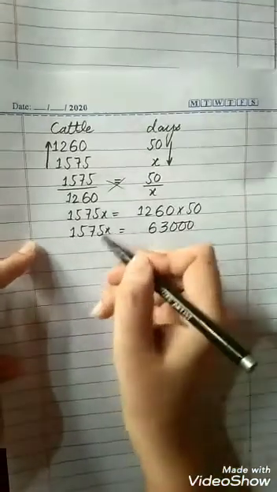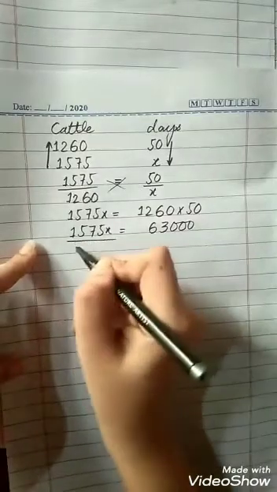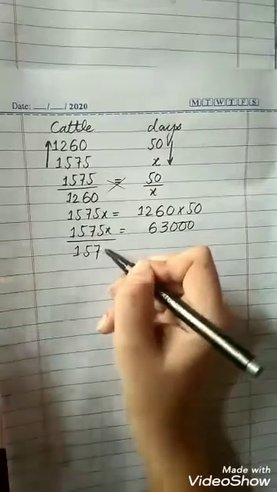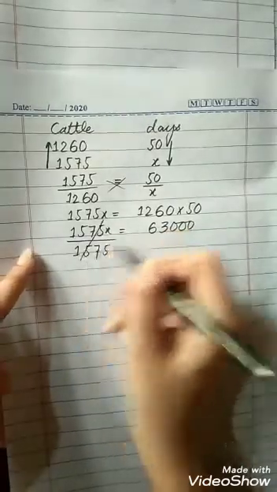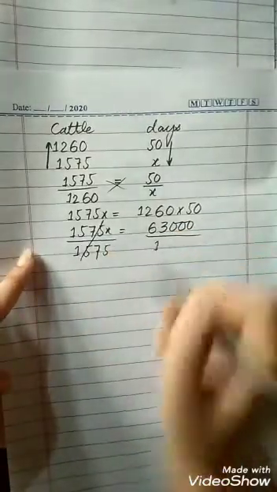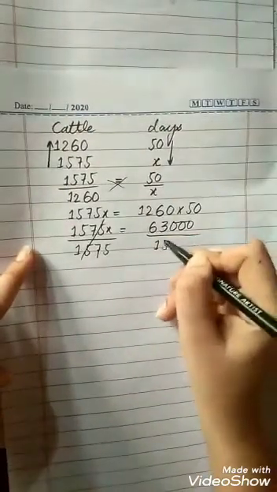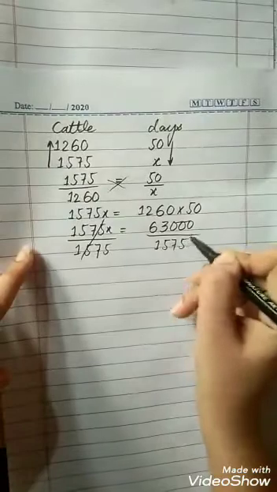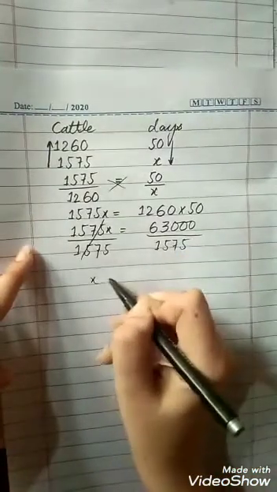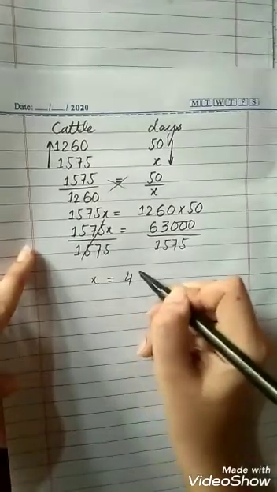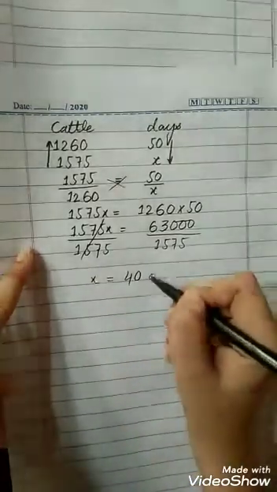We need x, so we will divide by 1575 on both sides. It will be cancelled. So after dividing, what we got is 40, means 40 days.